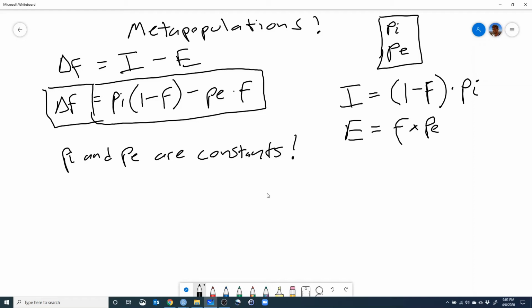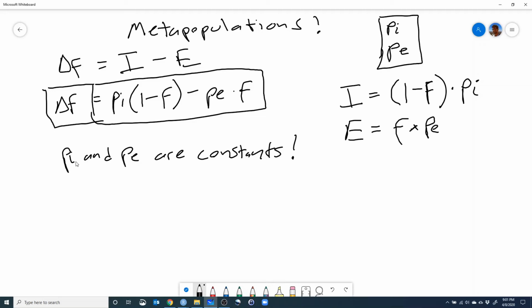Well, if the probability of an extinct site becoming colonized is constant across a whole range of metapopulation occupancy rates, that means that even if the whole metapopulation is unoccupied, there's still a chance of colonization.